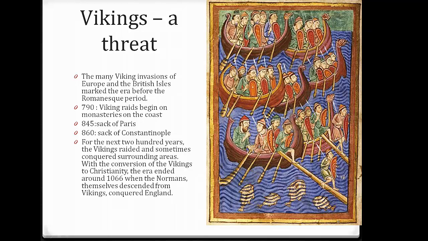For the next 200 years, the Vikings raided and sometimes conquered surrounding areas. With the conversion of the Vikings to Christianity, the era ended around 1066, when the Normans, themselves descended from the Vikings, conquered England.